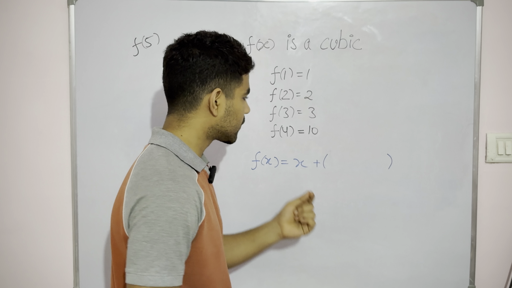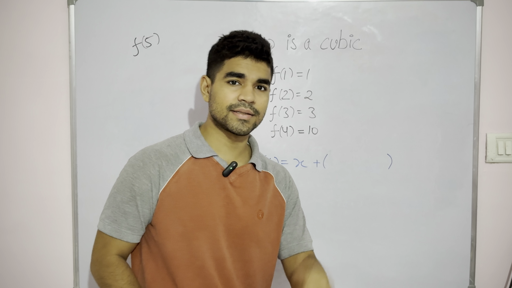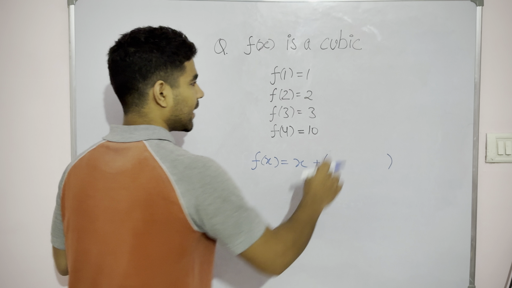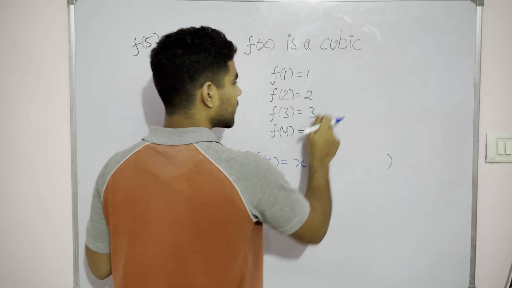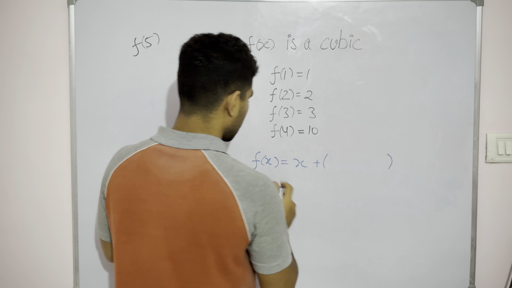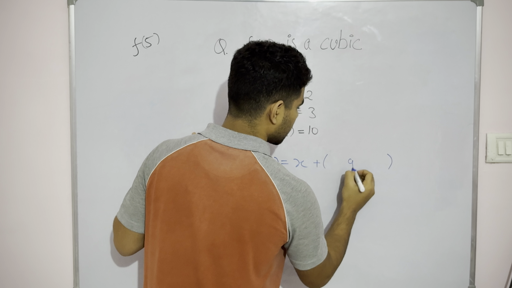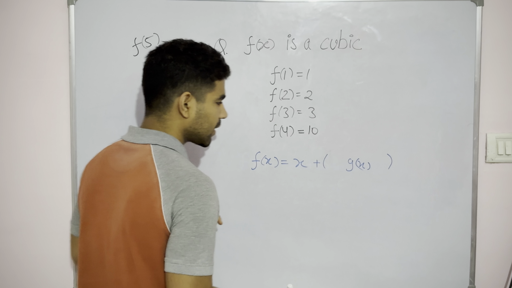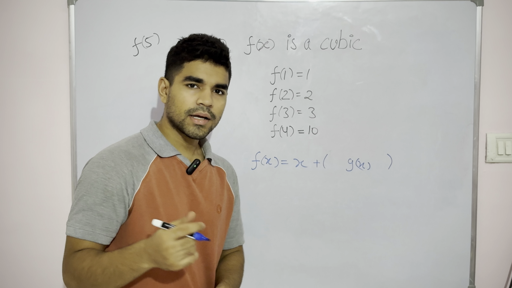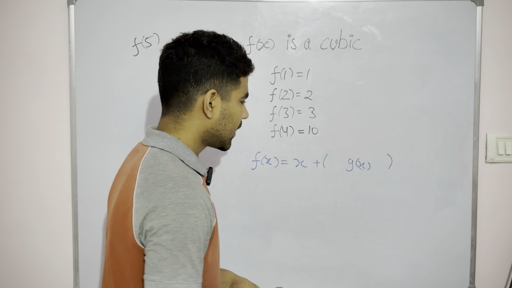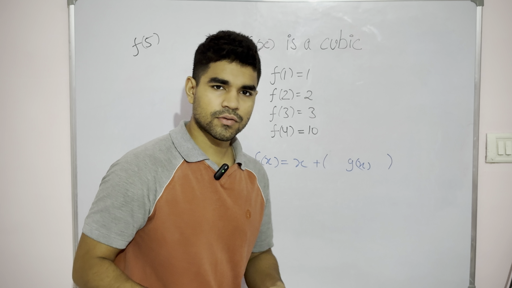When putting x equal to 3, this term must also be 0. Hence, we need an expression whose roots are 1, 2, 3. Suppose you put f(x) equal to x plus some function g(x), then you want this g(x) to be 0 at 1, 2, 3.